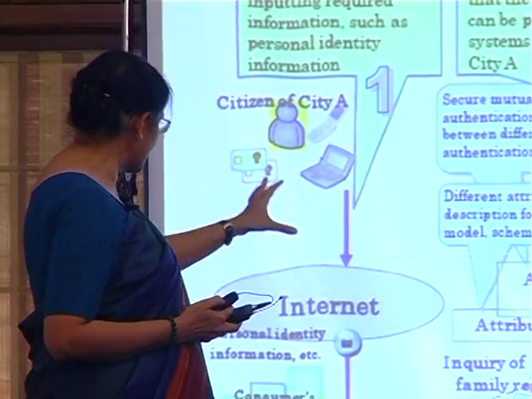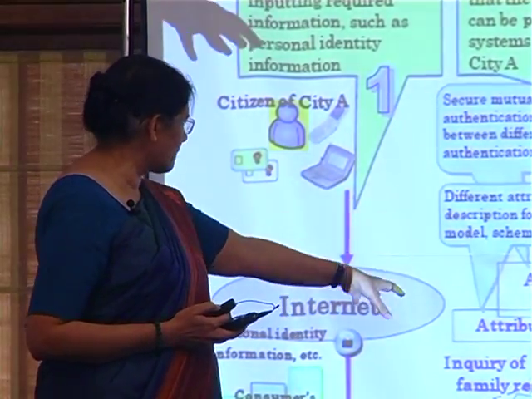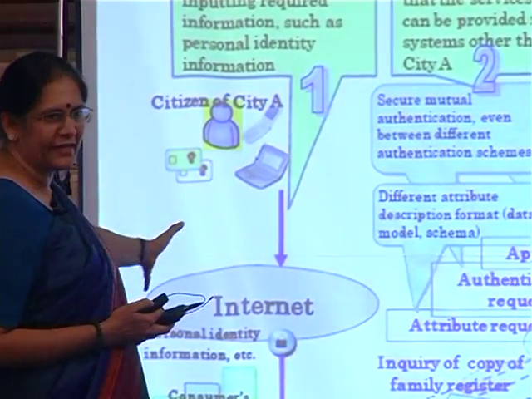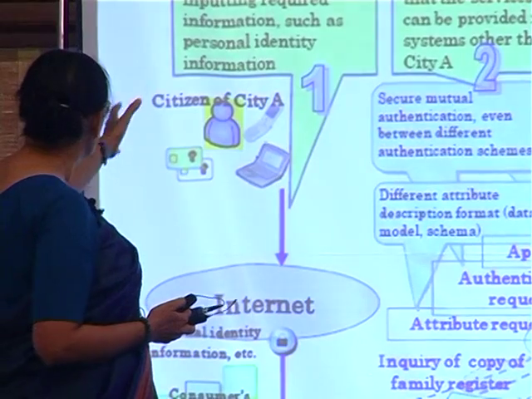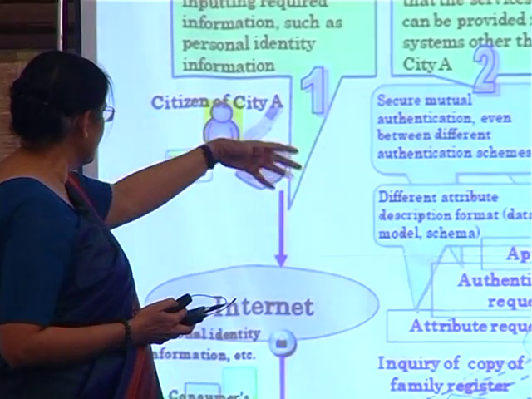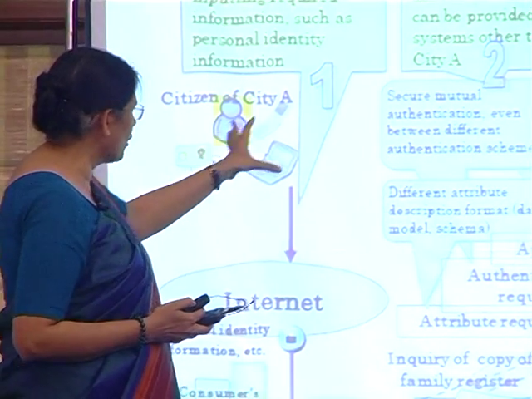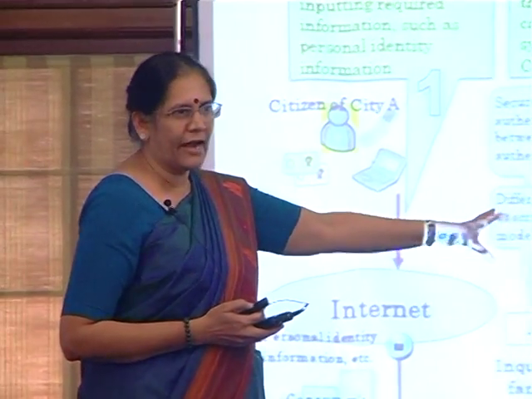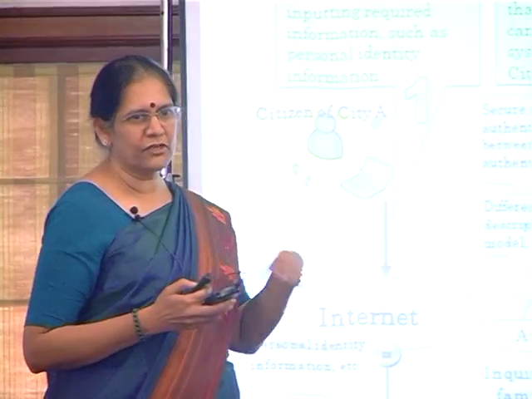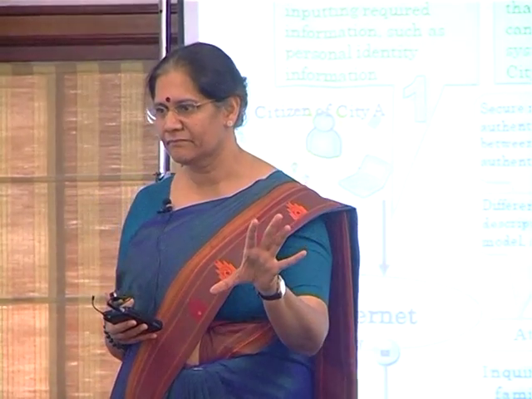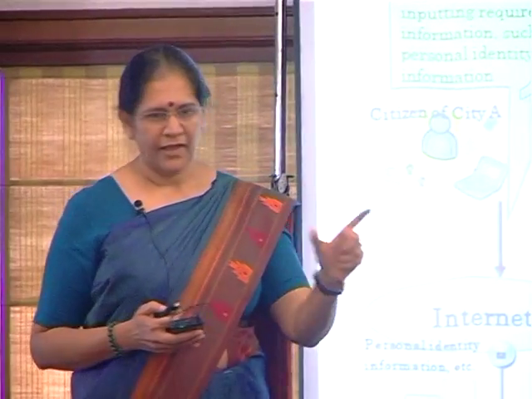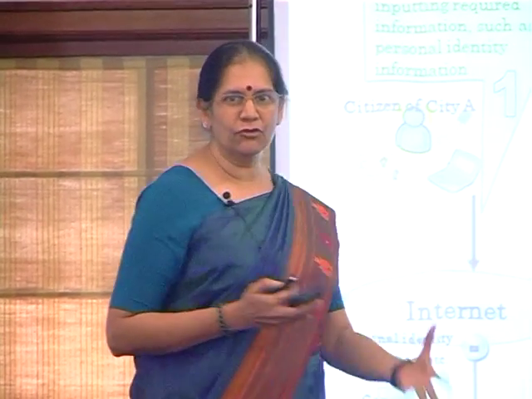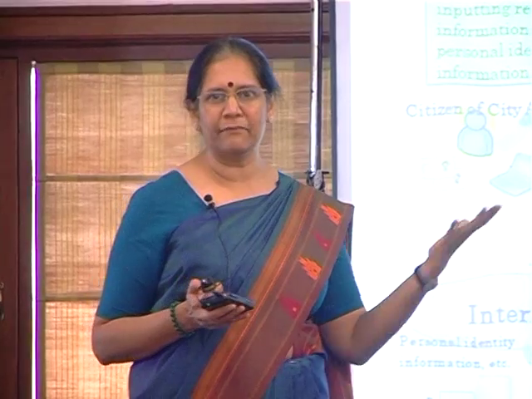A person goes for his passport, or to the municipality to pay some bills as a citizen of a city. All these things go to the government platform for his authentication, because every time he does something, he gets authenticated using his number. And you need an inter-cloud kind of environment to enable that.